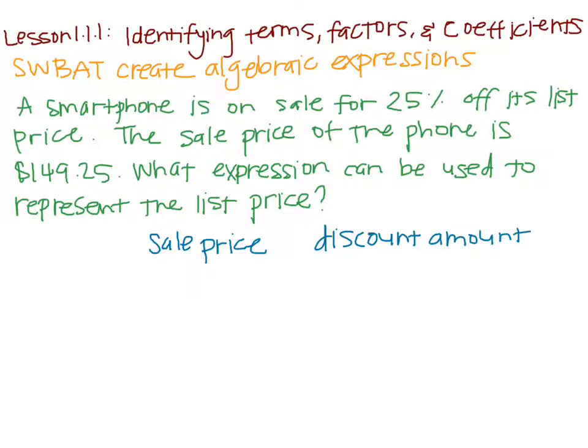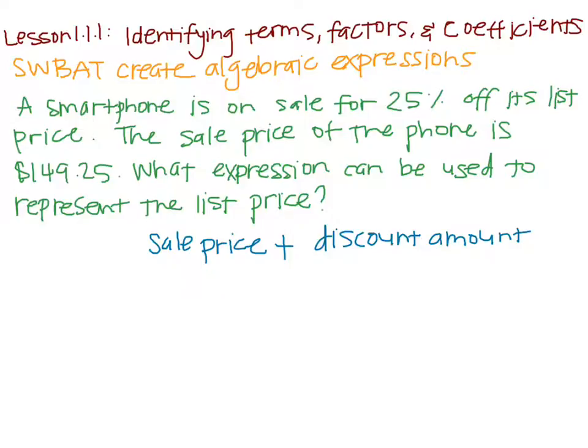And I know that if I were to add the amount of the discount to the sale price, that would tell me how much it cost before the discount. So here I have a word model that says sale price plus discount amount. If I add those two together, it will give me the list price, or how much it cost originally.